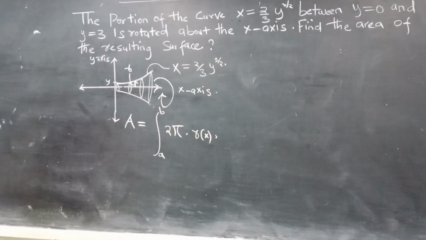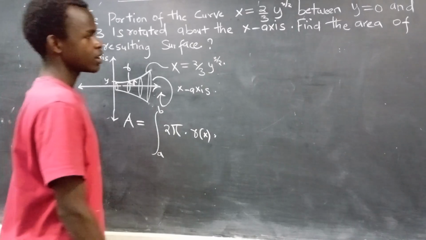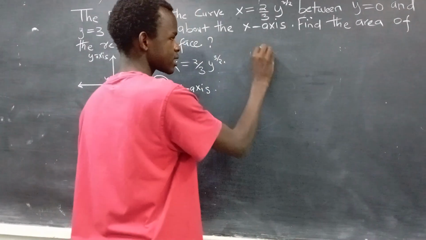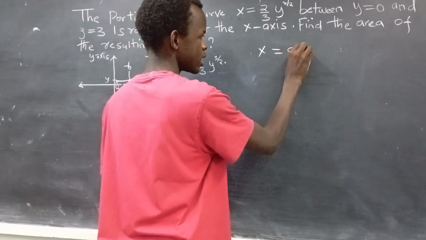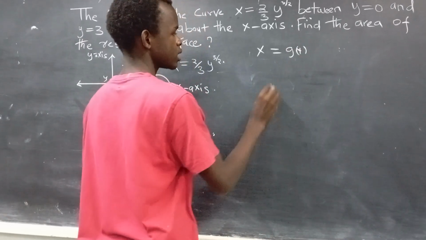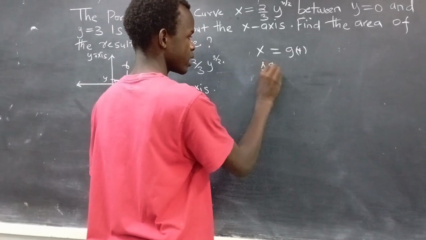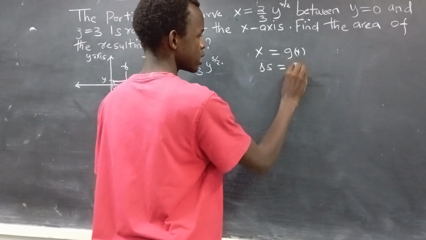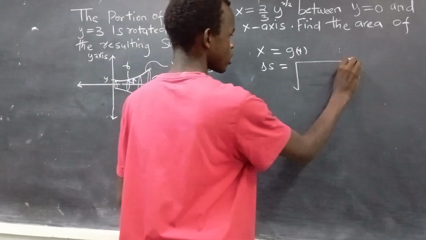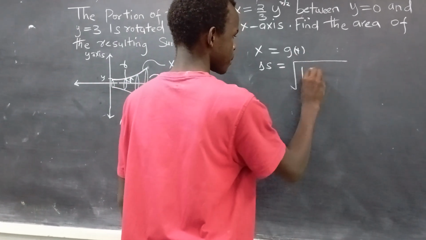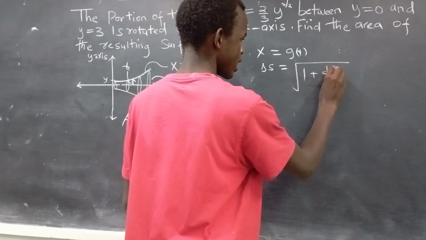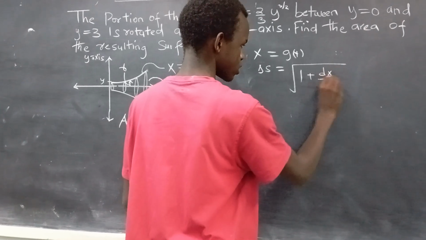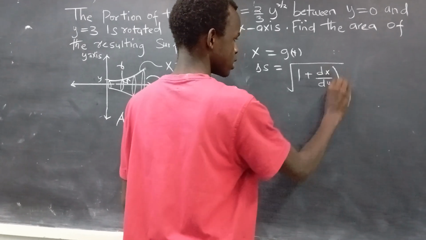So our arc length for this case, because we are using x as a function of y, we'll say our arc length ds is the same as the square root of 1 plus dx over dy, squared, dy.